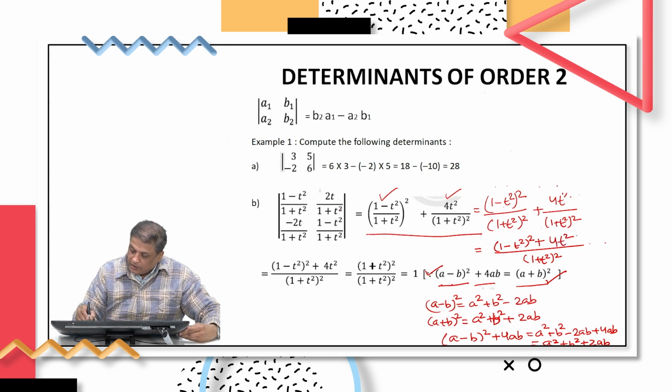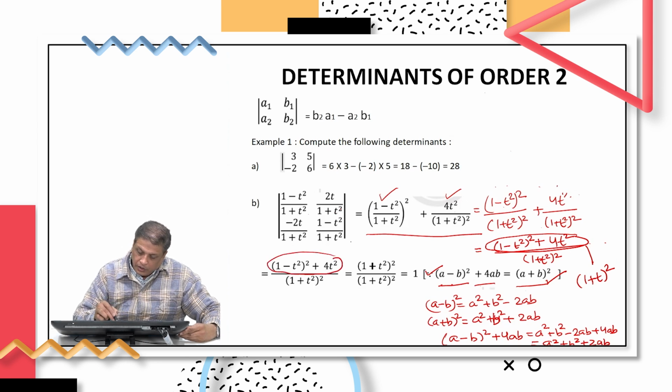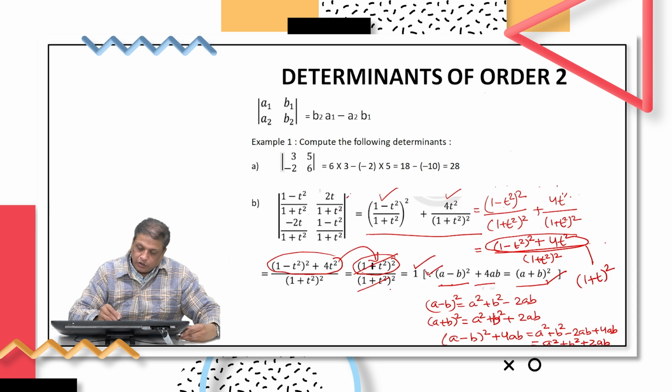So you can say that this expression is nothing but 1 plus t square. So what you got is this expression is again (1 plus t) whole square. So this is (1 plus t) whole square upon (1 plus t) whole square. So this cancels with this and the answer will be equal to 1. So this expression solves to the value 1.